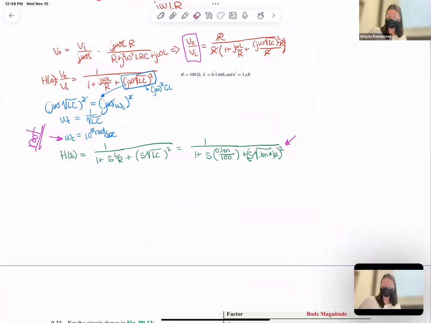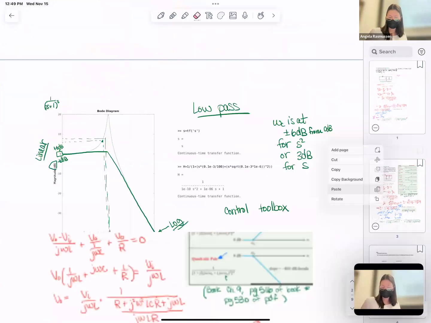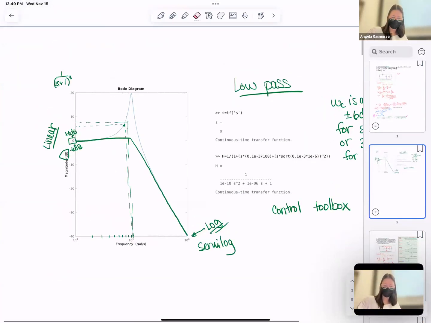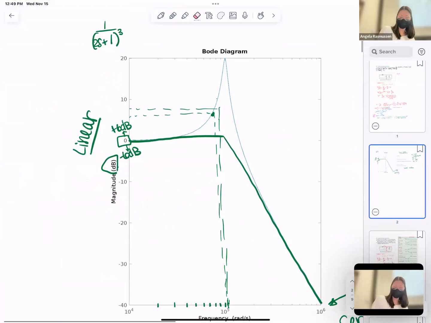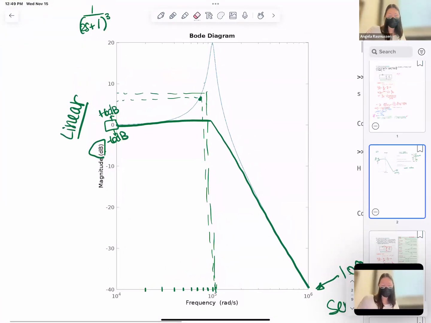Which you probably already saw what it is, but okay. Brandon, move that so you can't see. Okay. So this is the graph. What do you notice about that graph? The blue line is the graph. Okay, low pass, thank you.